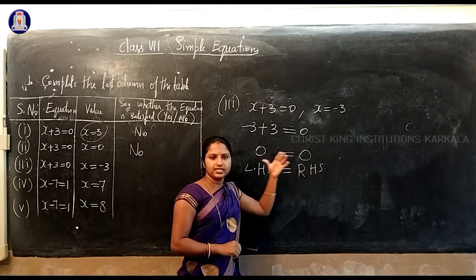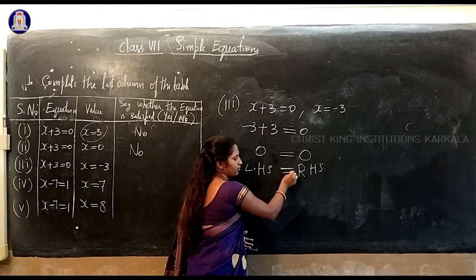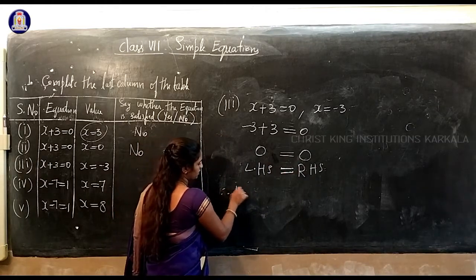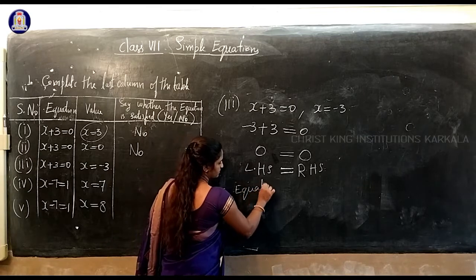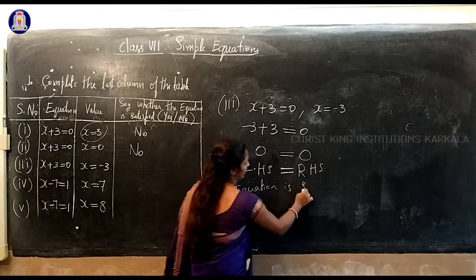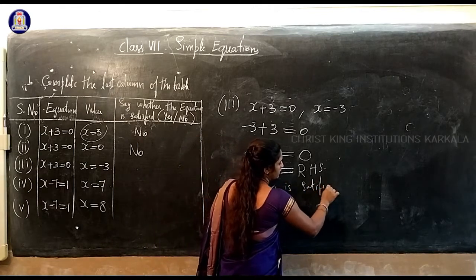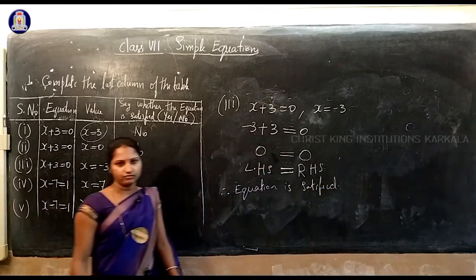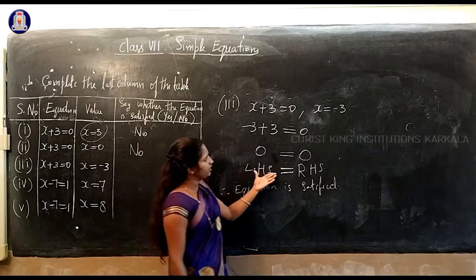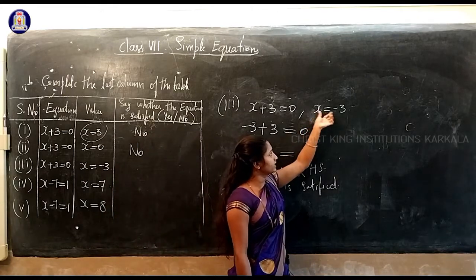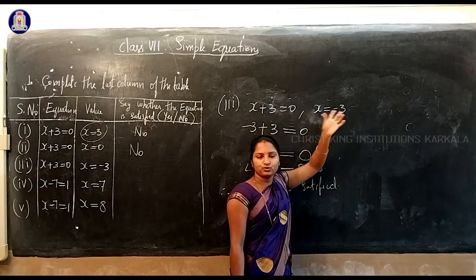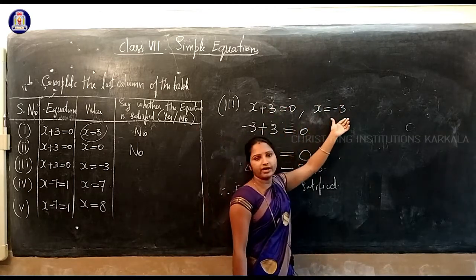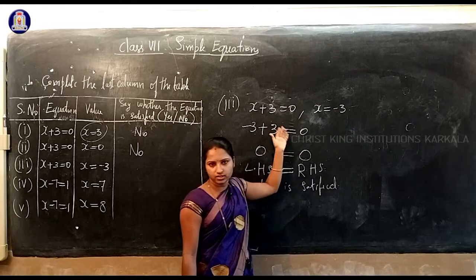So LHS is equal to RHS. Therefore this equation is satisfied. Clear? Satisfied because both LHS and RHS are equal. So x = -3 is a solution for this equation.